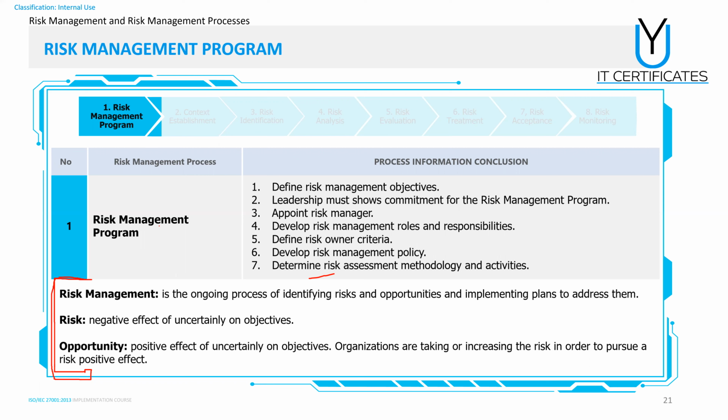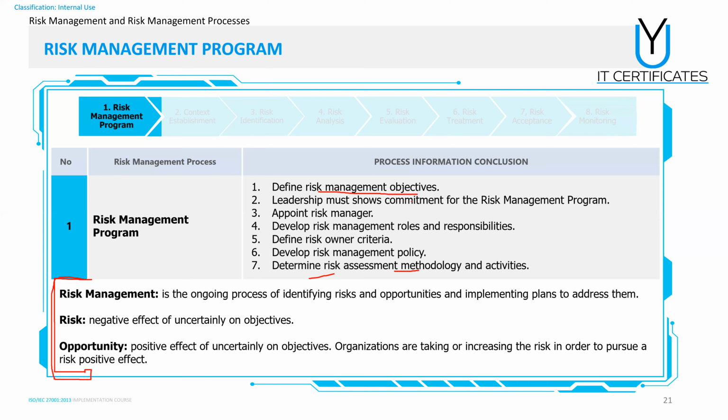First thing in the risk management, we have to define what are the risk management objectives. Why do you want to implement risk management? In life, we are doing things because we are expecting results.